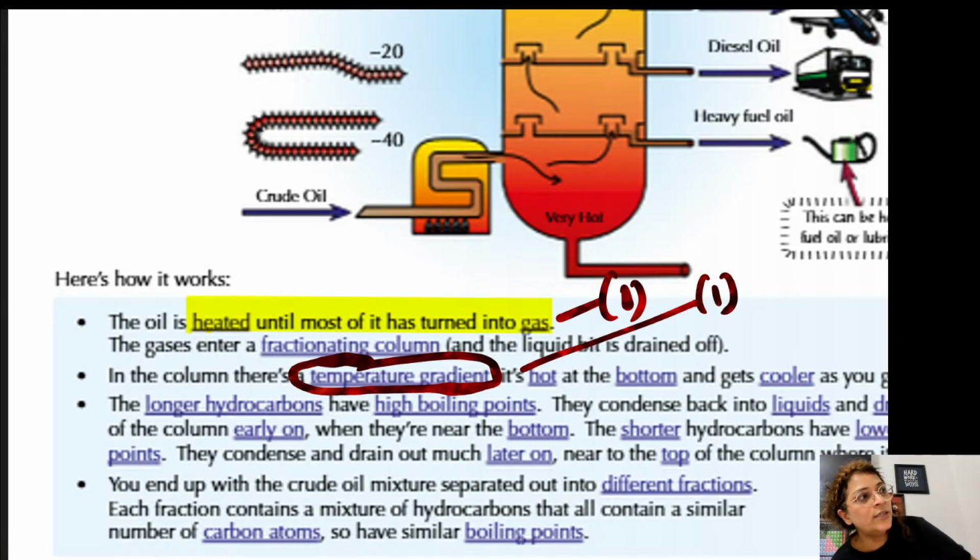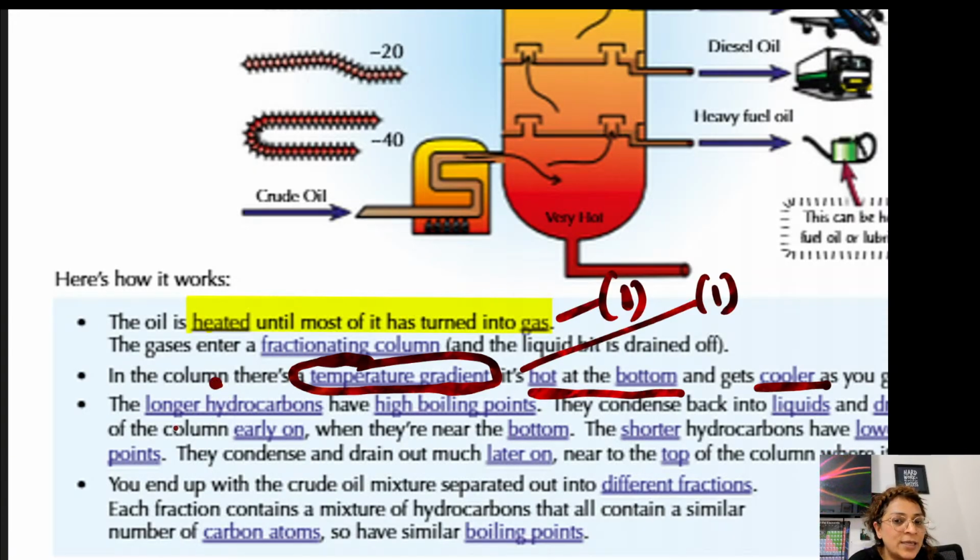Type in the chat, what does temperature gradient mean? Meaning it is hot at the bottom and cooler at the top. Very good.